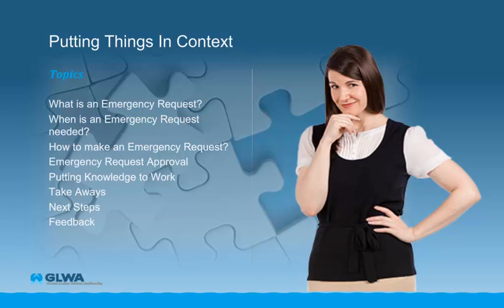We'll talk about the steps to take when creating a requisition, who a requester is, and who is involved in the approval process. The Putting Knowledge to Work section is where we solidify the process so you will understand how to execute the procedure and where the forms, tools and resources are located. Then, we'll have a quick recap of the key ideas of the discussion. You will then review next steps, and at the end of the presentation, we will ask for your feedback.